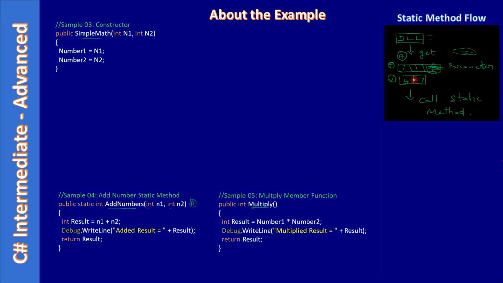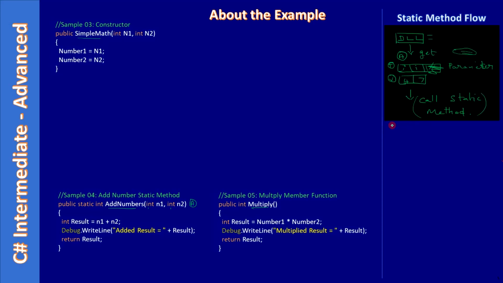Then using the value array, we will be supplying the parameter values. So we have type, value, and we know what method to call, and there is no need to instantiate the object. Finally, call the static method. So that's all the flow for the static method.